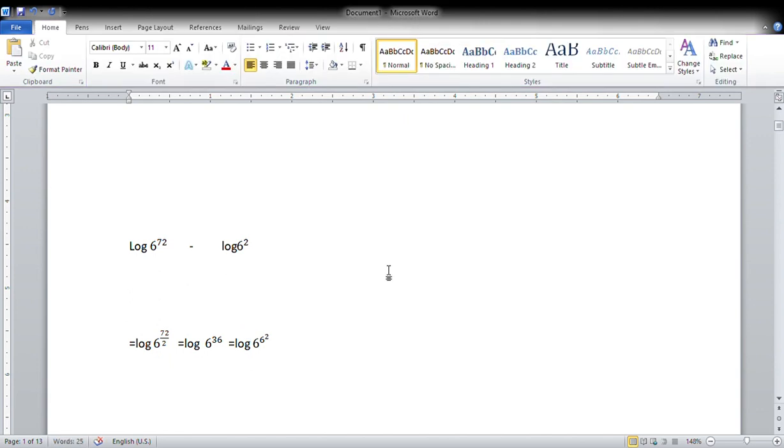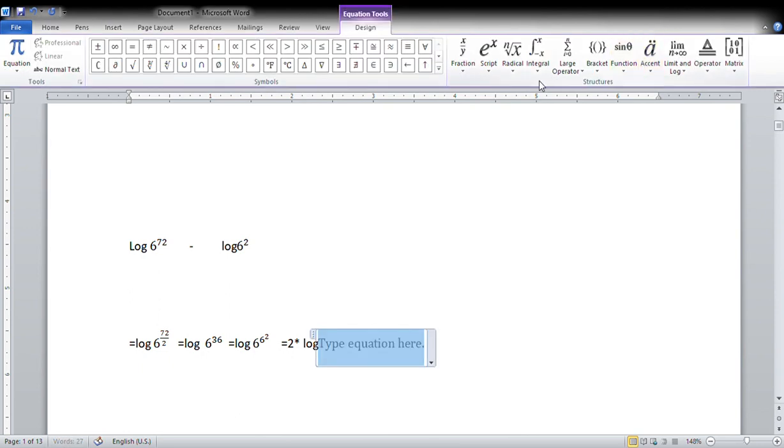And again I'm telling you, if there is a number given on the power side, we can simply take that number to the front side. So this 2 will come to the front side. That means 2 multiplied by log 6 to the power 6.